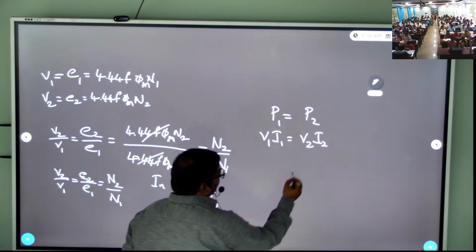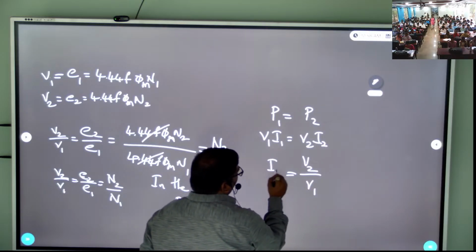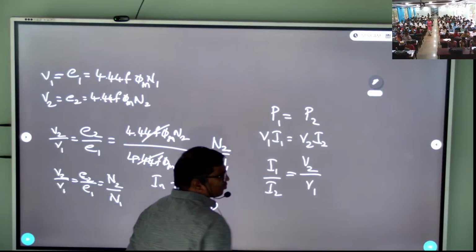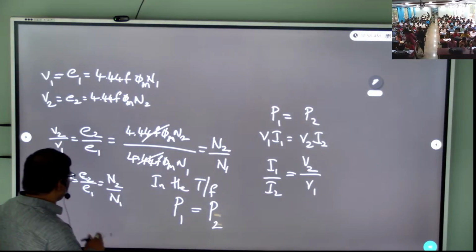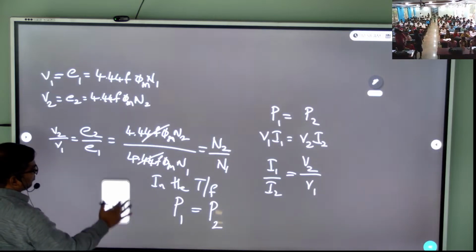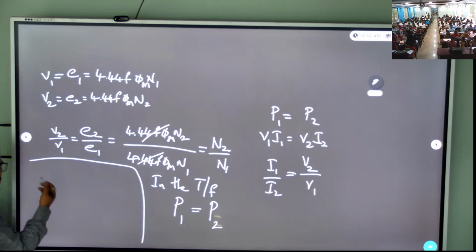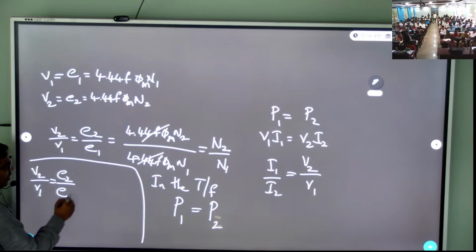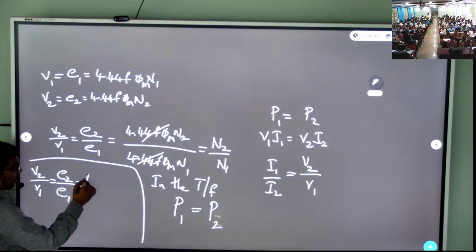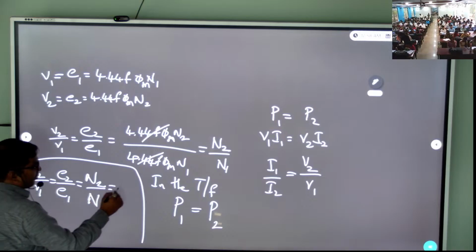So can I get V2 by V1 here? I1 by I2. One more formula: V2 by V1 is equal to E2 by E1 is equal to N2 by N1 is equal to I1 by I2.